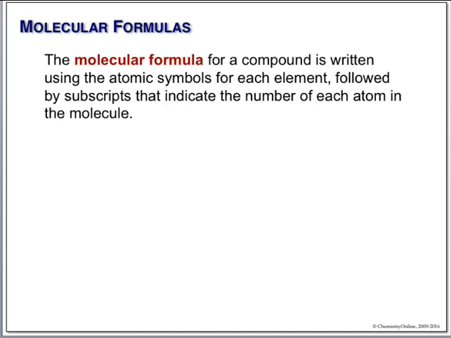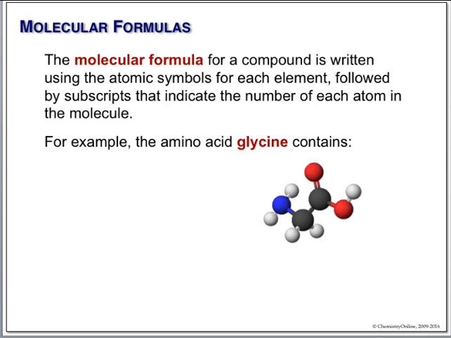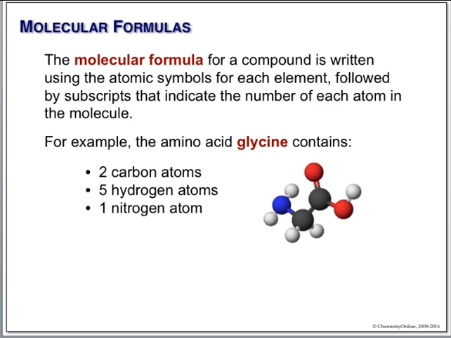The molecular formula, again, we've talked about how to do this. This is a ball and stick for our friend glycine. If we were to look at this ball and stick, using the color code we did before, we would say it has 2 carbons, 5 hydrogens, 2 oxygens, and 1 nitrogen.